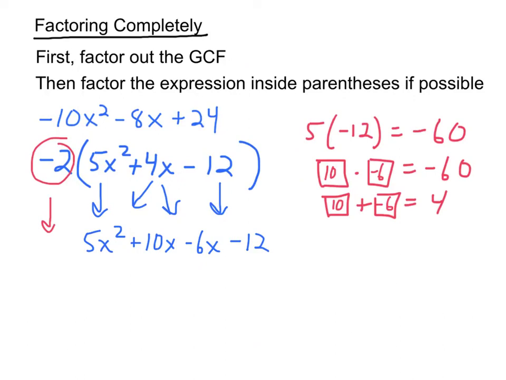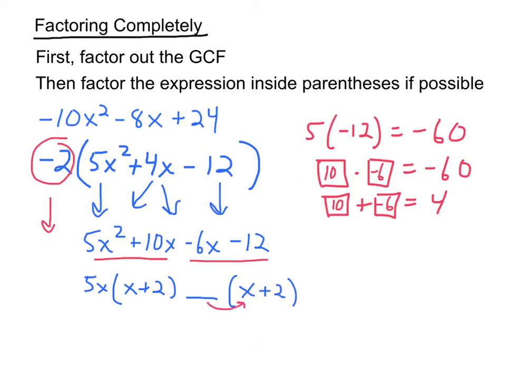I'll carry it down then. And so I'm going to group the first two and the last two, and the GCF between the first two would be a 5x, which leaves me with x plus 2. Leave a blank space here, put down another x plus 2, and let's figure out how to fill that blank in. It looks like it would be a negative 6 in this case.